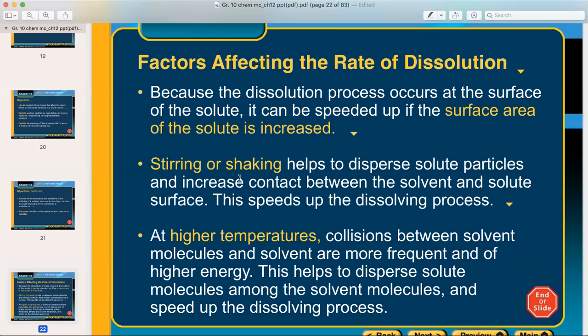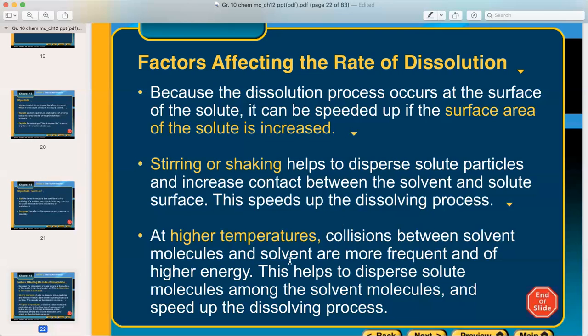Whenever you are stirring or shaking a solute in a solvent, of course, the solute particles come into much more contact with the solvent, and this speeds up the dissolving process.